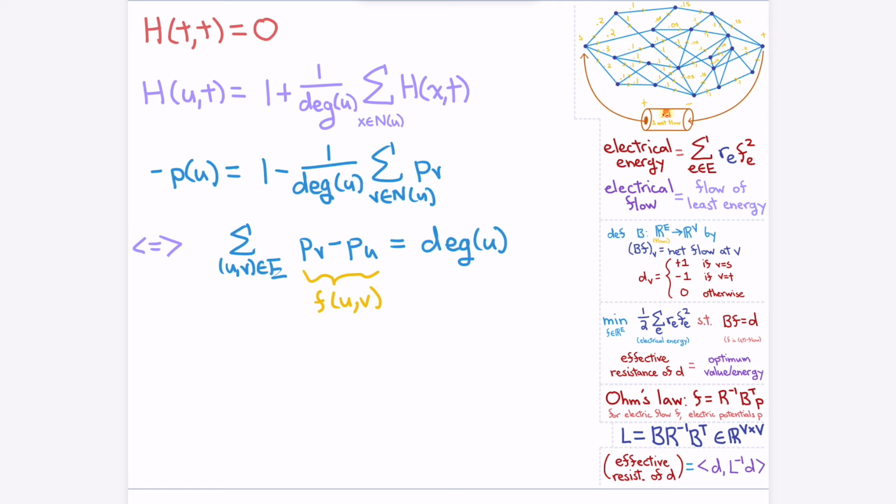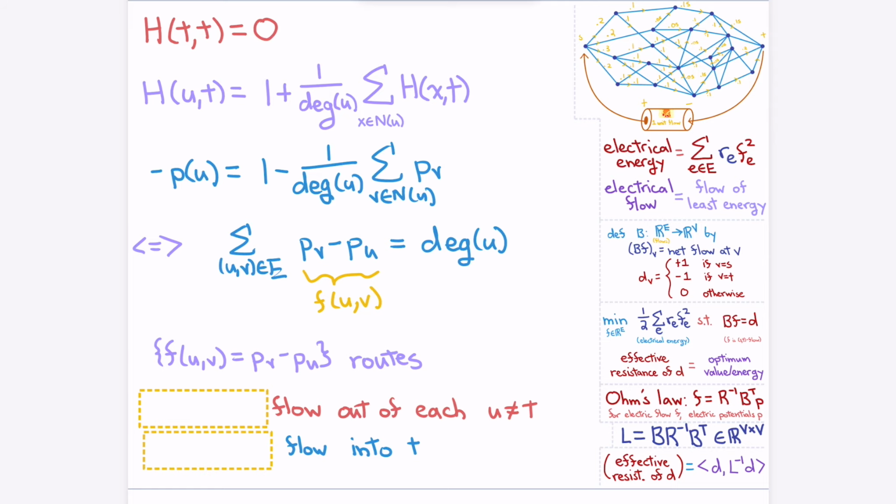All right, so in other words, this flow that's induced by this potential, what is it routing? Almost. So you have these potentials induced by this flow that's induced by these potentials, which somehow goes back to the hitting time, right? But what's it routing out of every vertex, and it's doing t a little bit differently.